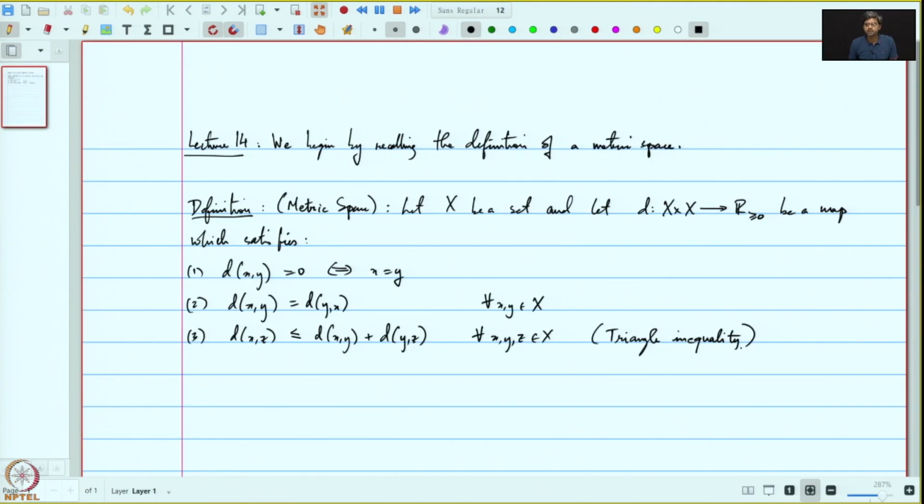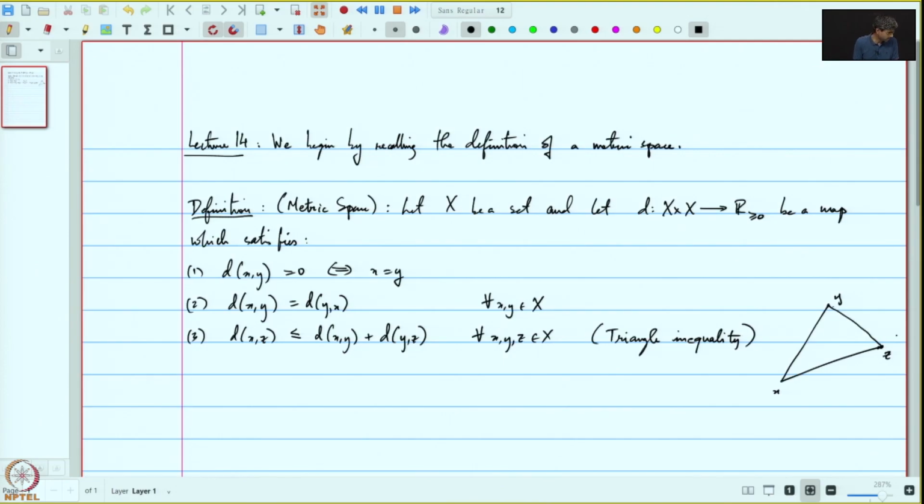The d is for distance, and if we have a triangle with vertices x, z and y, then the distance between x and z is less than or equal to the distance between x and y plus the distance between y and z.